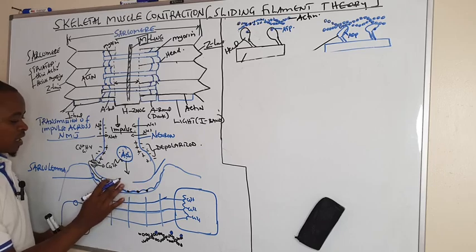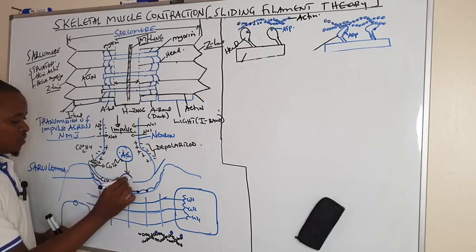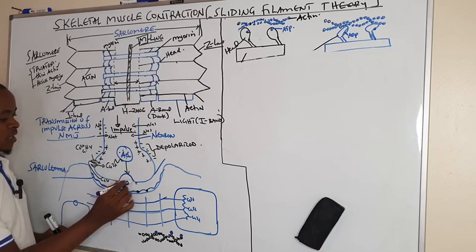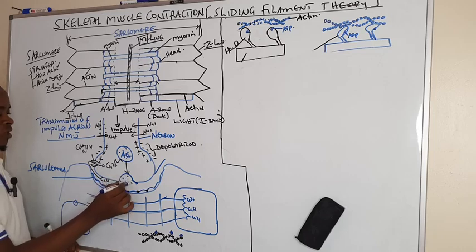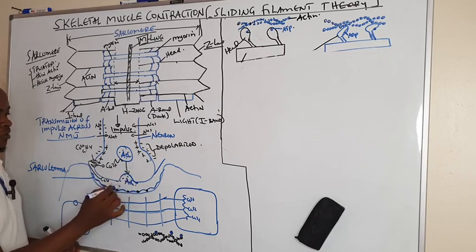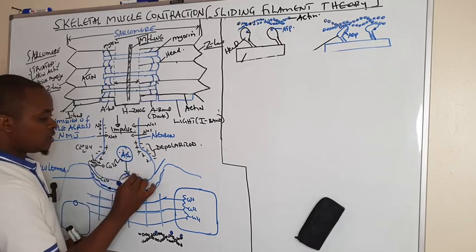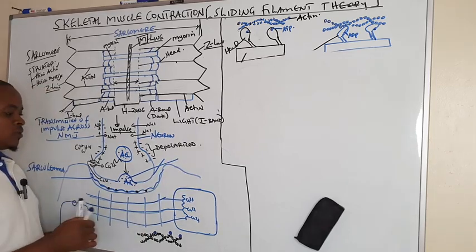So this vesicle comes and fuses with the membrane of the neuron, and after fusing, it is going to release the neurotransmitter acetylcholine by exocytosis.